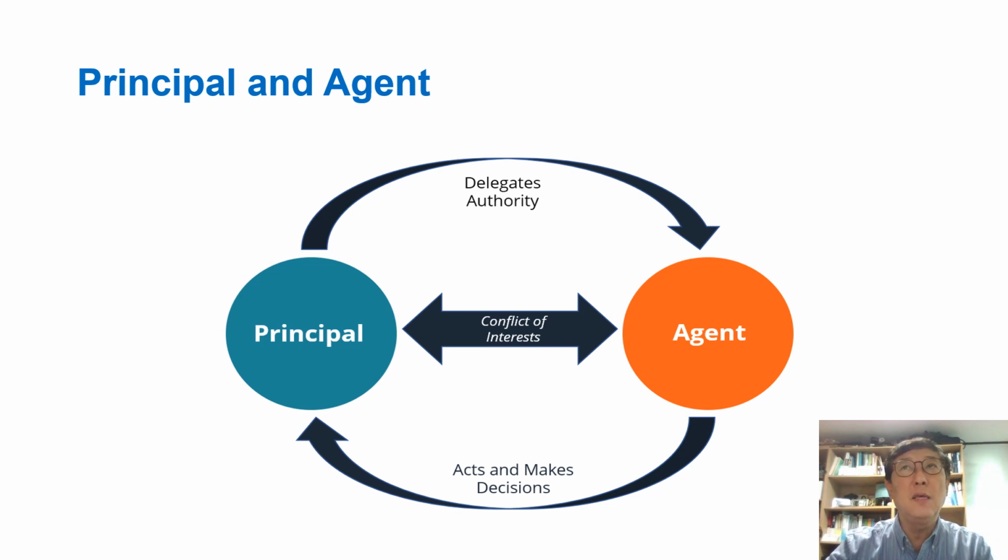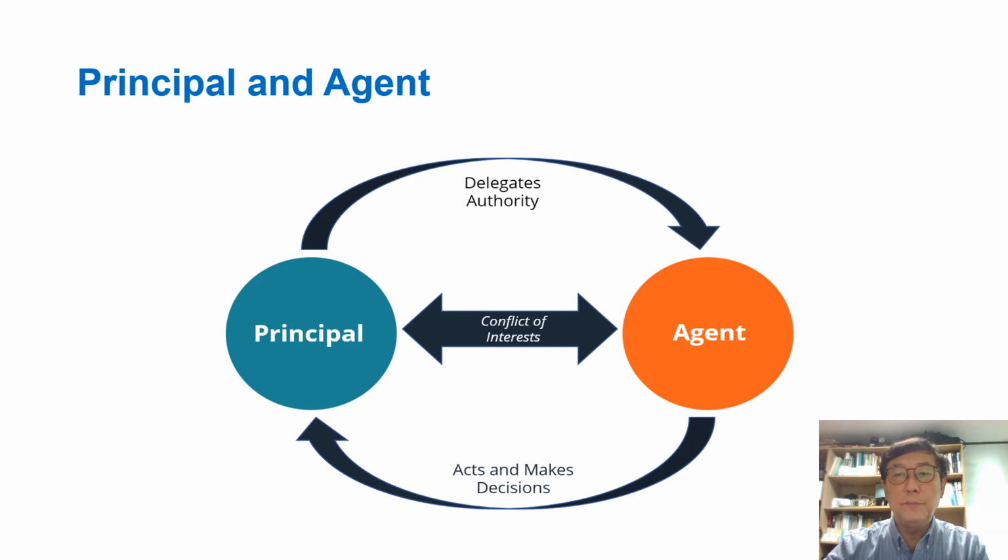You give the agent your authority, and the agent acts and makes decisions. But principal and agent usually have different self-interests. That's why sometimes there are conflicts of interest. The agent is working for you, but maybe not 100% because they have their own self-interest.